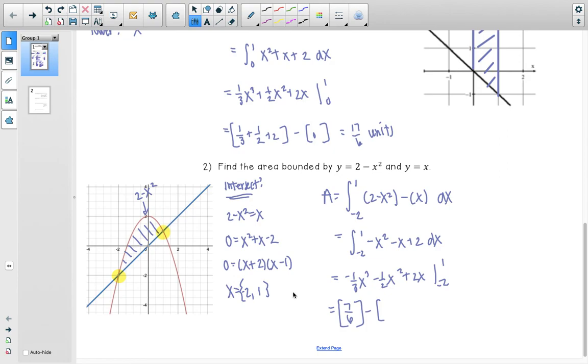No, it gives you -20/6, which gives you positive 27/6, which if you simplify and take a 3 out of here, you get 9, and a 3 out of here, you get 2. So it's 9/2 units, or 4.5.